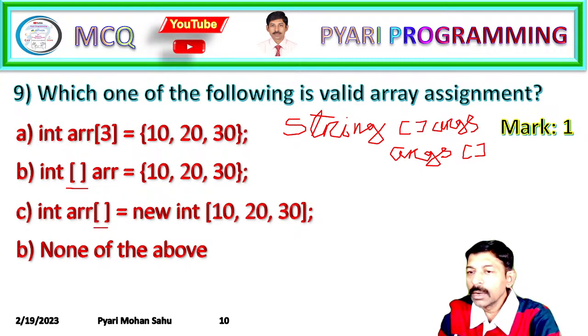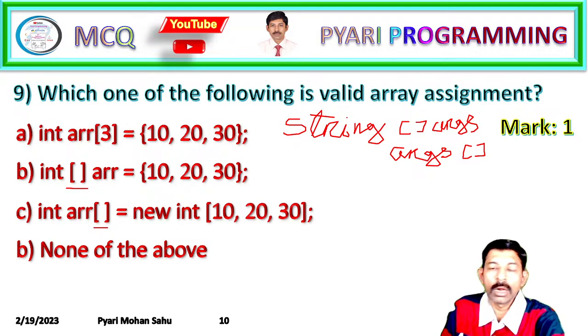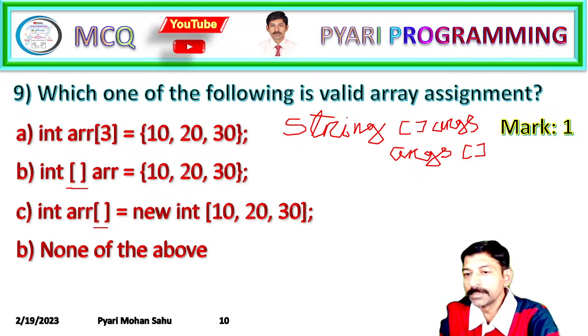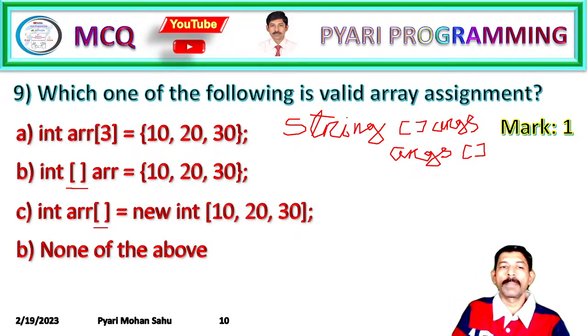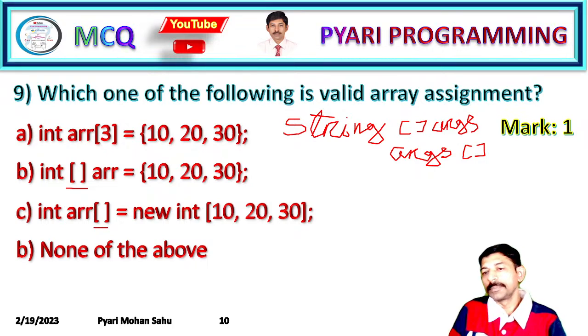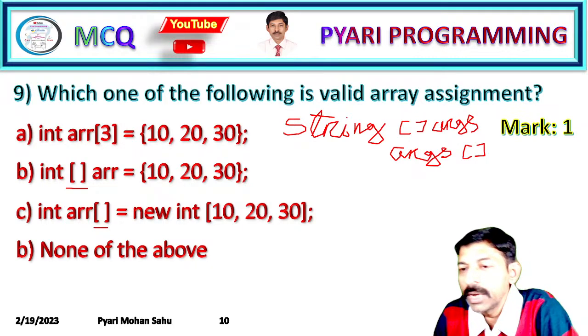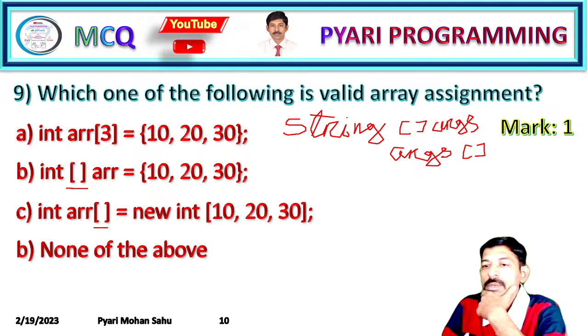So why none of this then? Subham, fine. 9D, none of this. Why none of this? Why none of this, beta? Explain to me why none of this. Those who are saying none of this, why none of this?